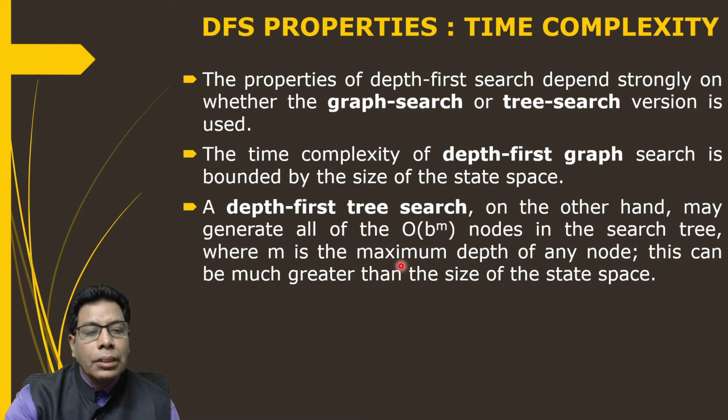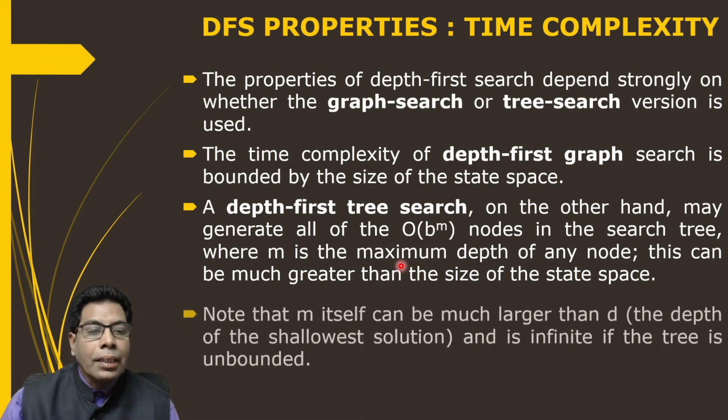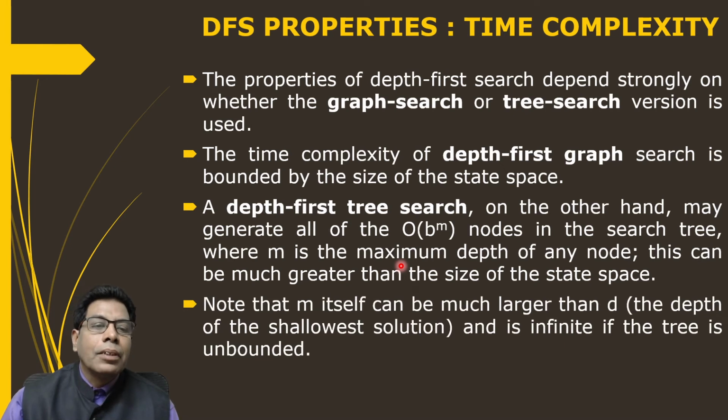This can be much greater than the size of the state space, and m itself can be much larger than d, the depth of the shallowest solution, and infinite if the tree is unbounded. If the tree is unbounded, this value will be infinite.